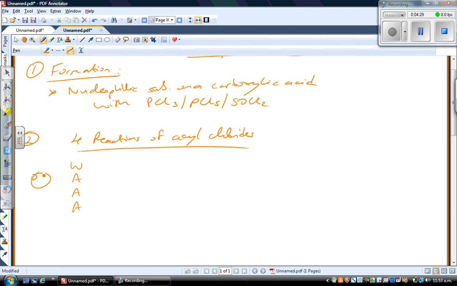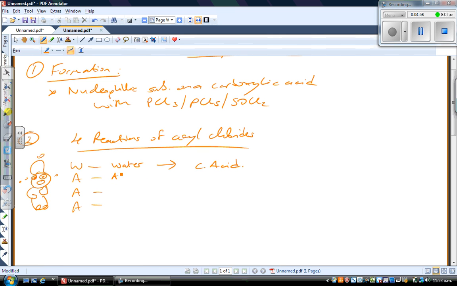On your poster you have a little picture of a baby. Roughly the picture looks like that, a little bit funny, but it's supposed to be a baby crying. Each of the letters W and the three As stand for one of the four reactions of an acyl chloride. Acyl chlorides can react with water, which is your hydrolysis back to a carboxylic acid.